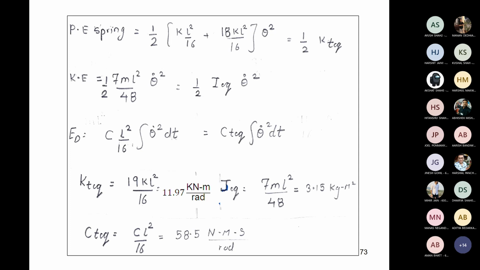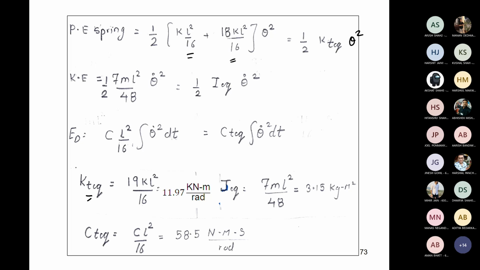Theta square. Right. So K torsional equivalent is the addition of these two terms. So that comes out to be 19 KL square by 60. Right. And substitute all the values and find out K torsional equivalent. Similarly, I equivalent, or polar moment, is 7 mL square by 48.